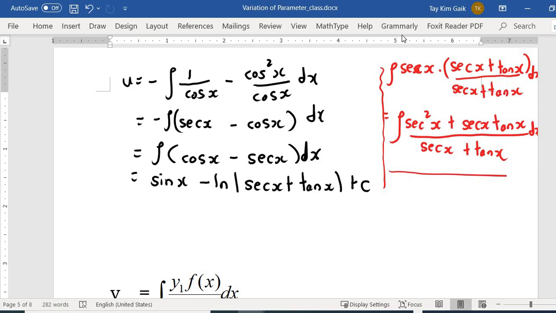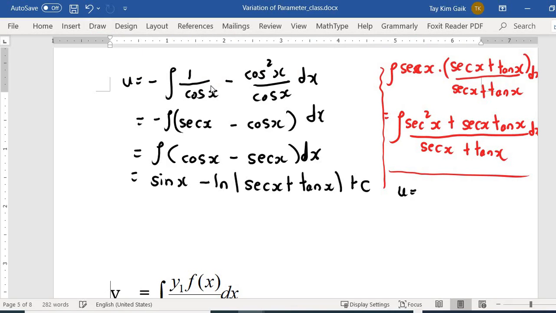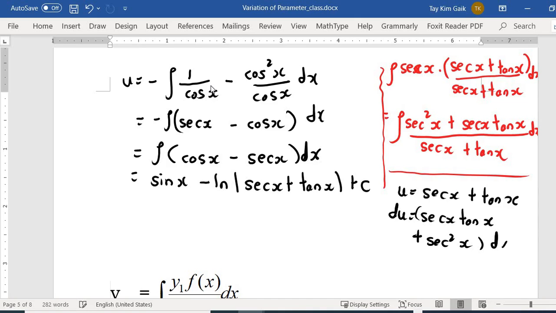Then using the substitution technique, let the denominator be u, so u is secant x plus tangent x. Differentiating secant gives secant x tangent x, and differentiating tangent gives secant squared x, dx.